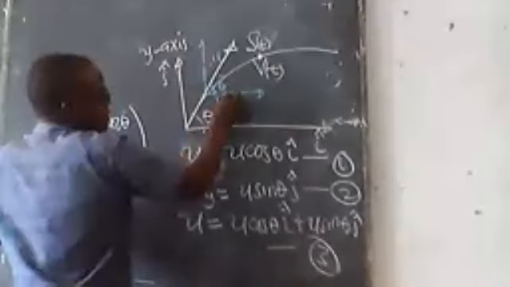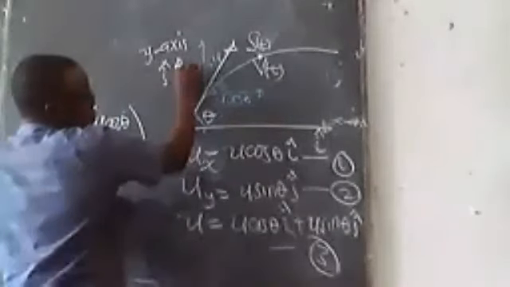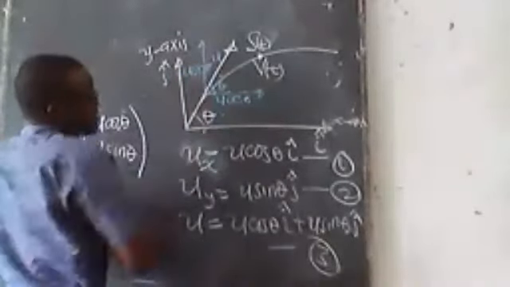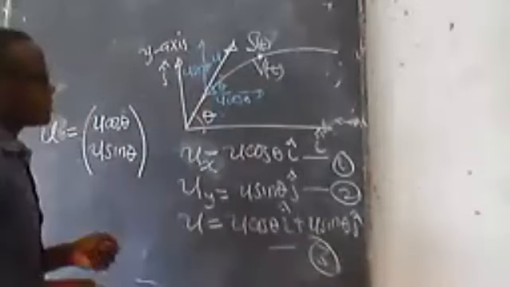So this U resolved horizontally is going to be what? U, hope you can see it. U cos theta. Then vertically it's going to be U sin theta. Do you see that?